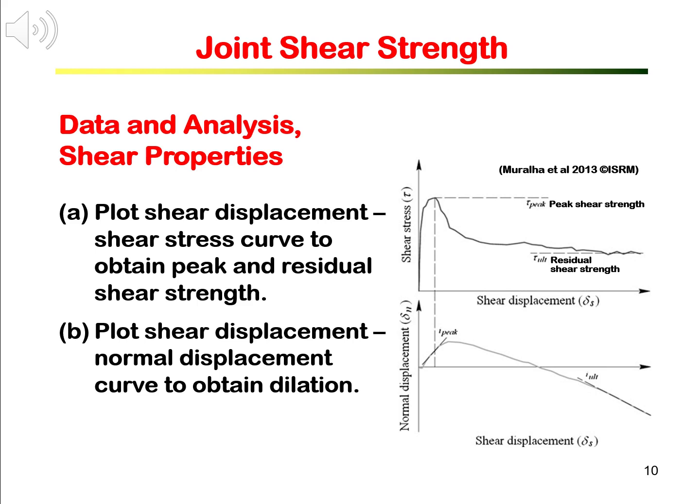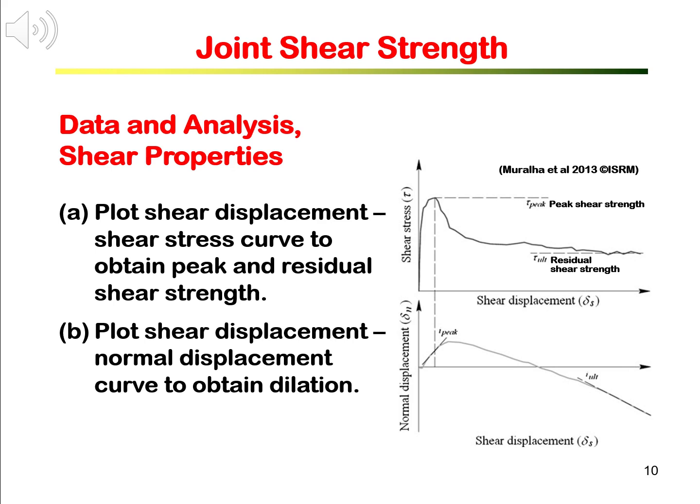From the shear displacement, shear stress curve, we can straight away get the peak shear strength as the peak of the curve and get the residual shear strength, which is the more or less stable part of the curve at the end of the test.